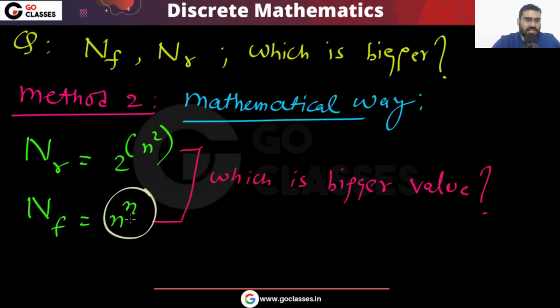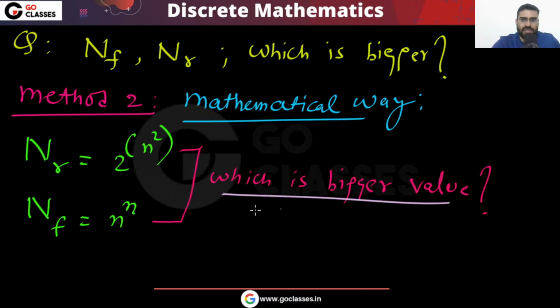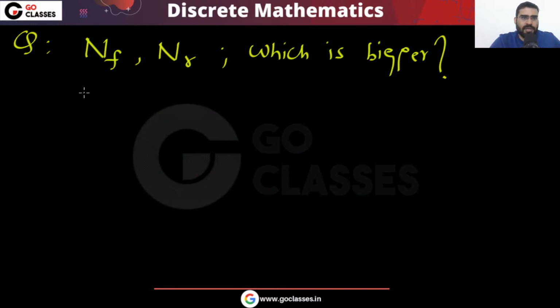So for example, if I give you n power n and 2 power n square, which looks bigger? How can you compare them? It's a simple question. Forget about everything, you just tell me which is bigger.